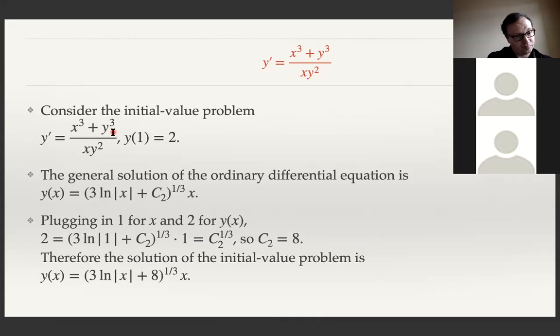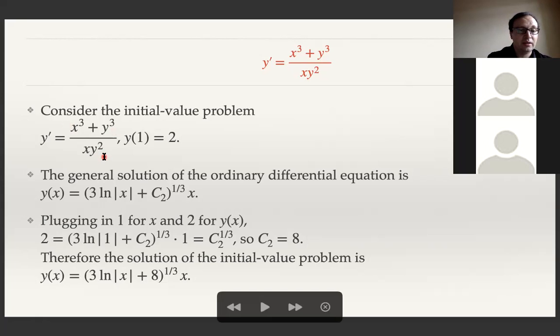And what else? Something special could also happen if y were 0, because we are also dividing x squared by y squared here. So in any case, neither the initial value of x nor the initial value of y is 0. So we can just go ahead and solve the problem.